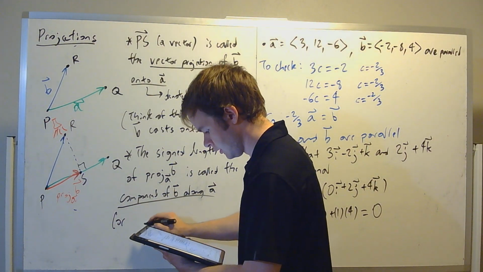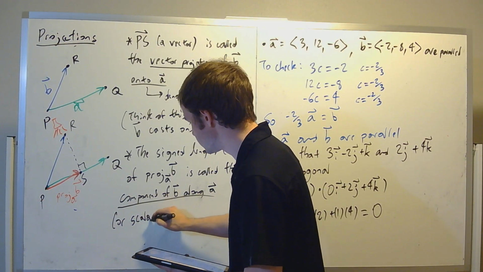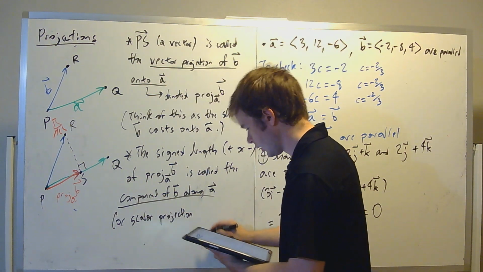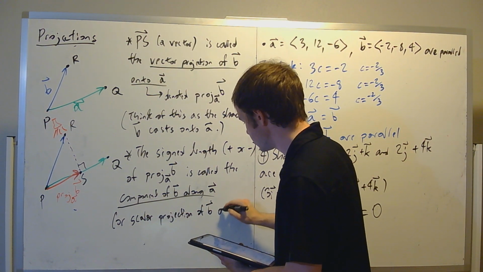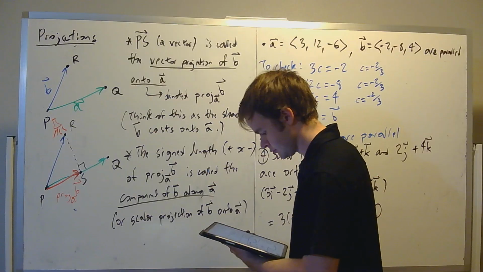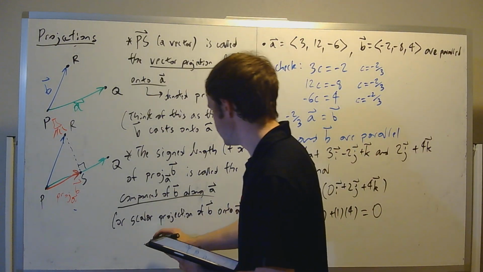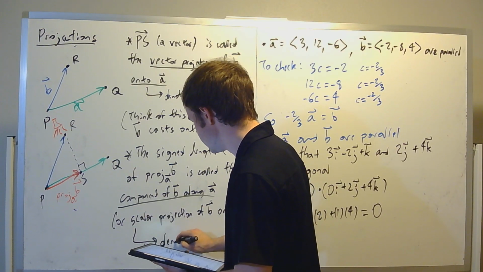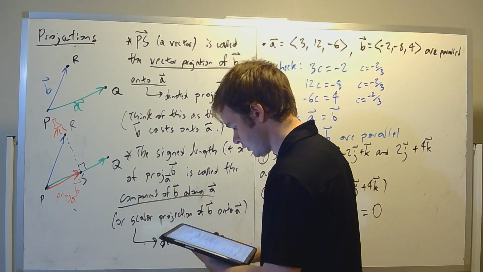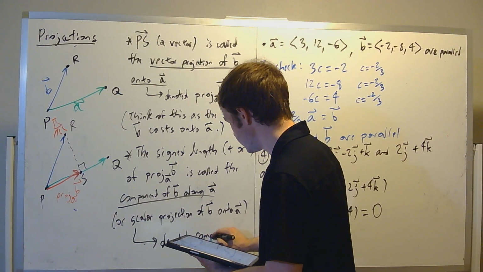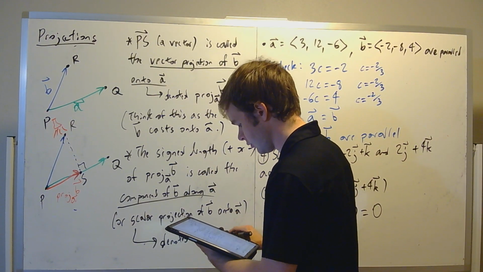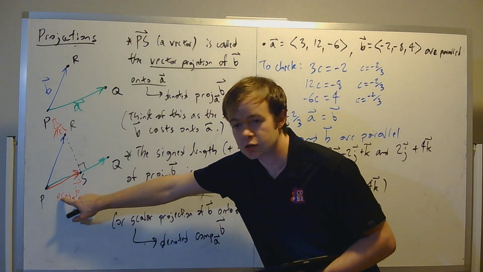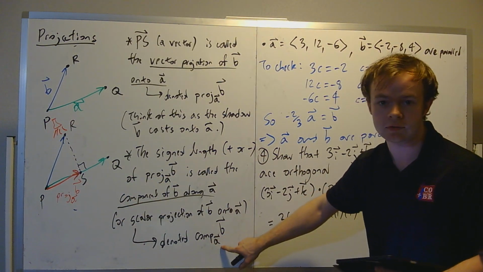Or scalar projection of B onto A. And I'll say here that this signed length is called, or denoted, by comp sub A of B, right? So the length of this projection vector, we're saying, is this number right here.